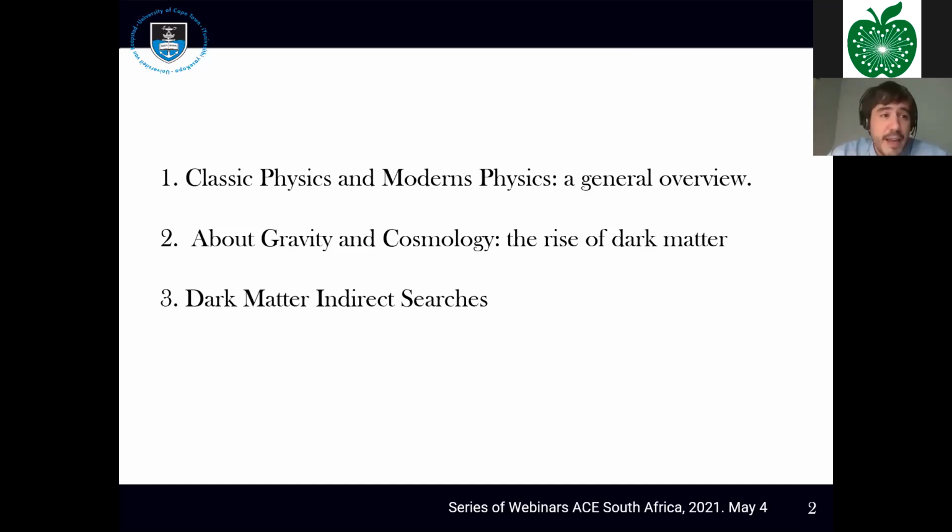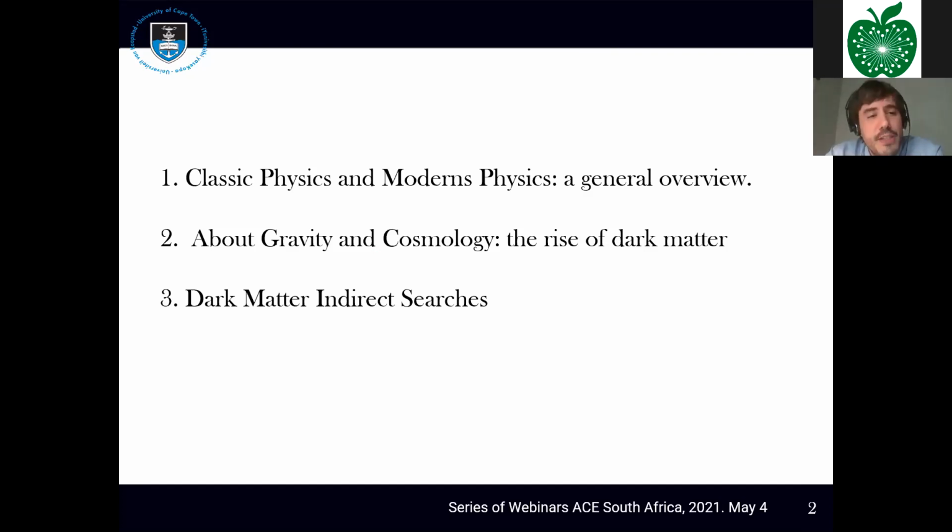There is a lot of evidence for the existence of dark matter, but I'm going to focus only on one of them, and then maybe I will explain a second one when I talk about dark matter halos. So we will see the emergence of the concept of dark matter, basically from the cosmology point of view.